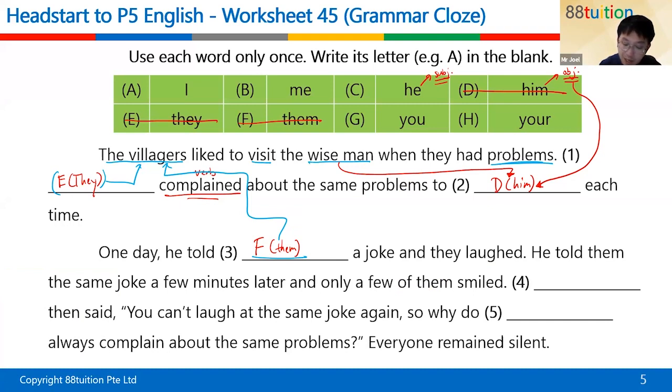"Blank then said, you can't laugh at the same joke again." So over here, who's the one speaking? It's the wise man again, right? Your answers online here are, okay, everyone got it correct except for Zoe. Zoe needs to give me the answer again. Louise and Jing Yang, please give me the answers for question 4. Louise has given me her answer. Zoe has given me her answer.